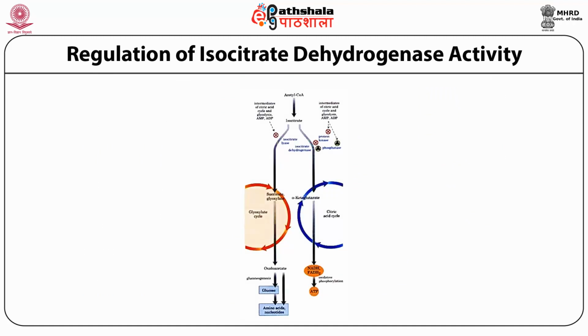This figure shows regulation of isocitrate dehydrogenase activity. Aspartate carries the carbon skeleton of oxaloacetate from the citric acid cycle in mitochondria to the glyoxysome, where it condenses with acetyl coenzyme A derived from fatty acid breakdown.